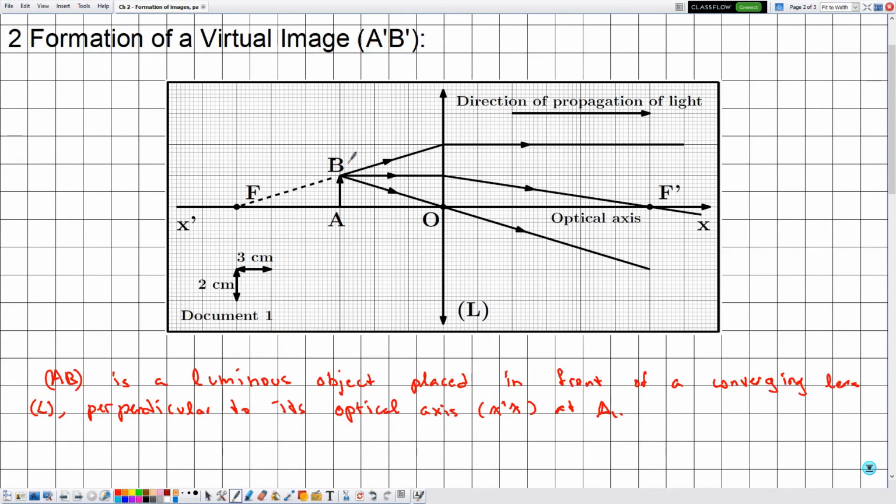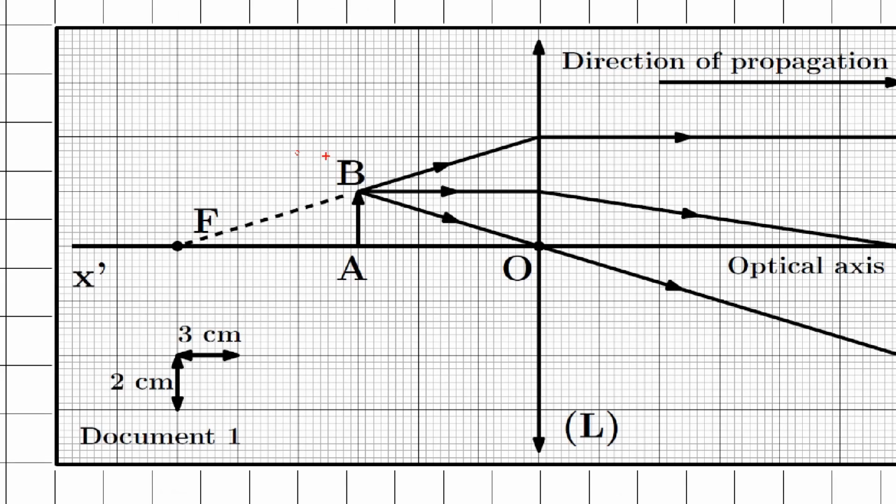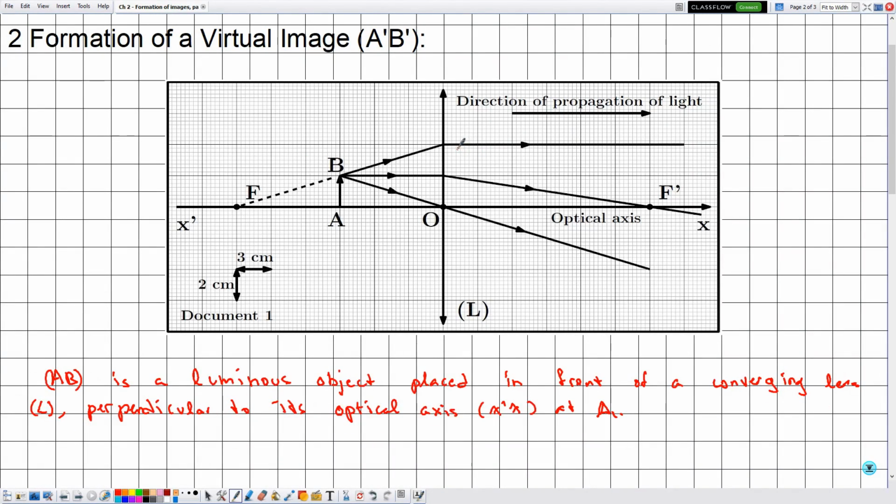So we use the well-known trick that whenever the incident ray cannot pass through the object focus, it will be issued along the direction of the prolongation between F and the point B. And we know that always an incident ray related to the object focus will emerge parallel to the optical axis.